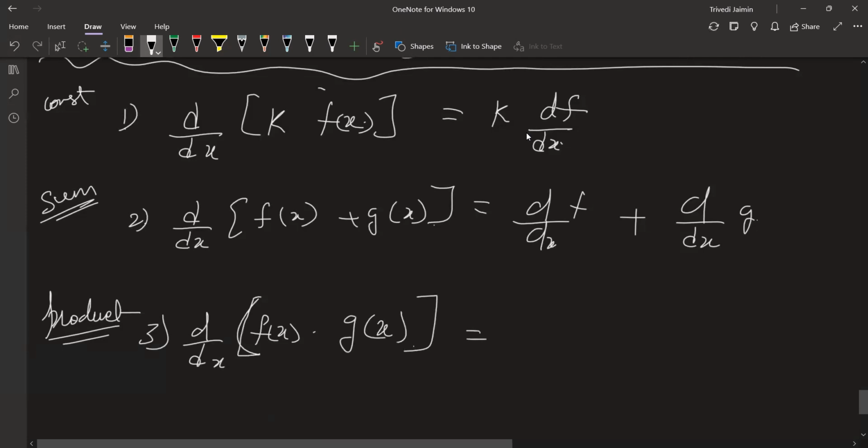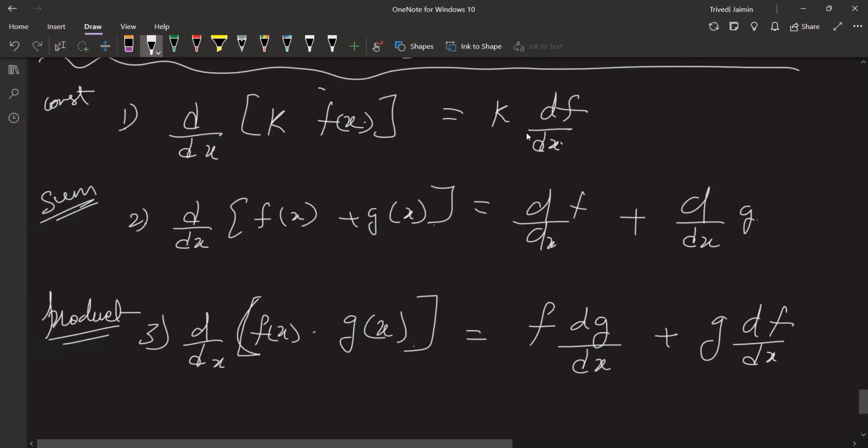Okay, it will be f dg by dx plus, meaning f we are keeping as constant, we are differentiating g. Then g we are keeping constant, we are differentiating f.